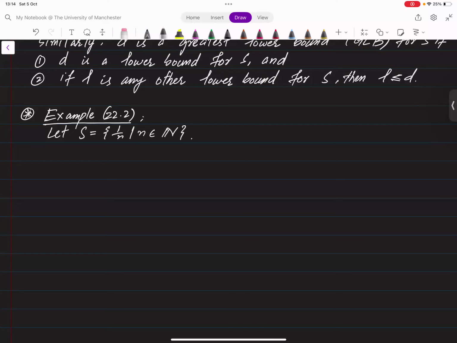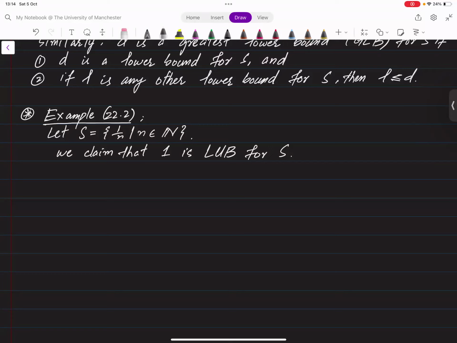We claim that 1 is the least upper bound for S. To see this, observe that 1 is an upper bound and any other upper bound is at least 1, since 1 is in S.